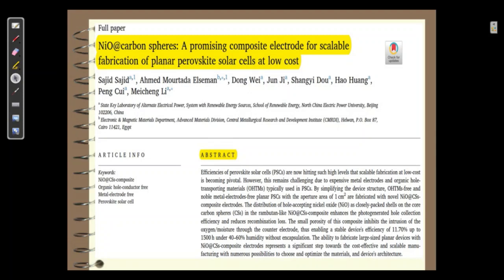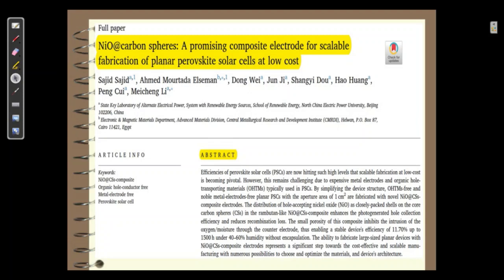This shows the title of the paper, so it directly tells us which topic is going to be discussed in this paper, or what the experiments were about: nickel oxide at the rate of carbon spheres, a promising composite electrode.